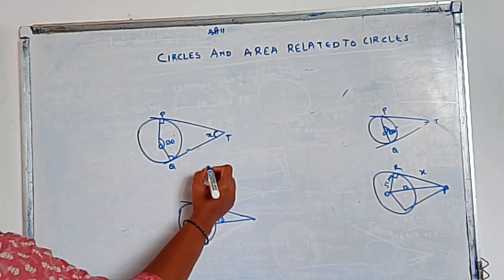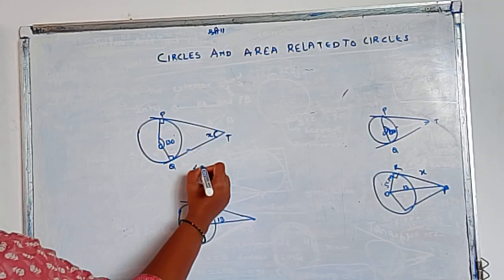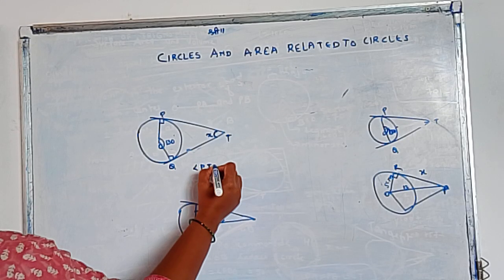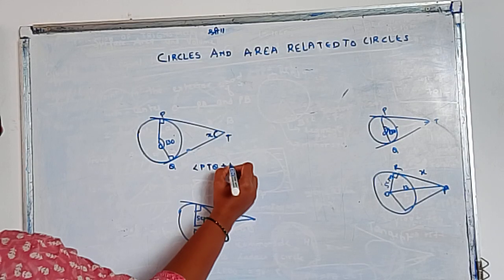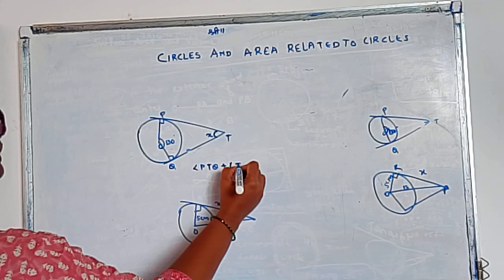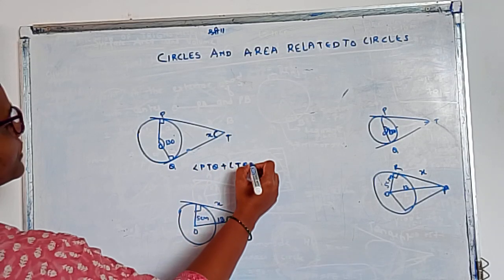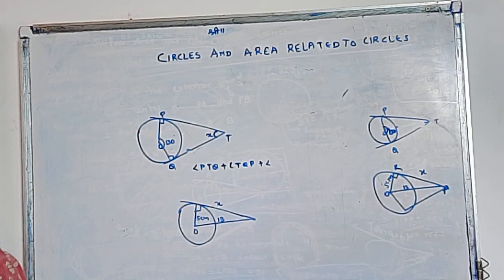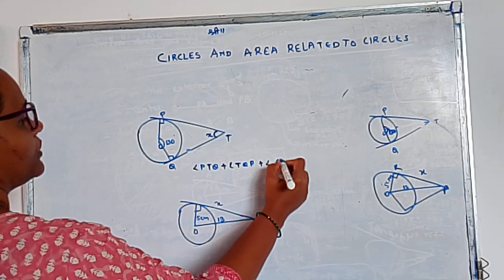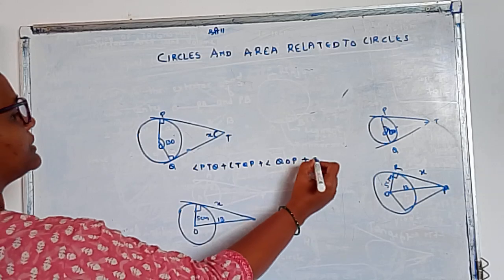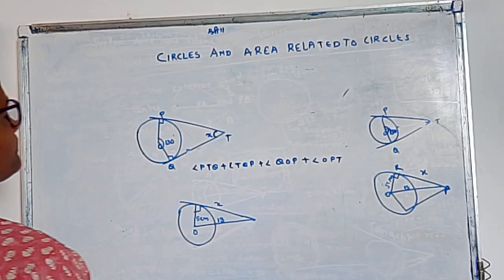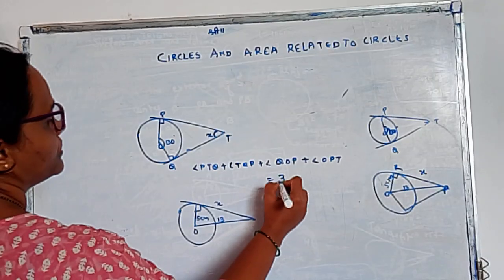So what we have to do is angle PTQ plus angle TQP plus angle QOP plus angle OPT is equal to 360 degrees.